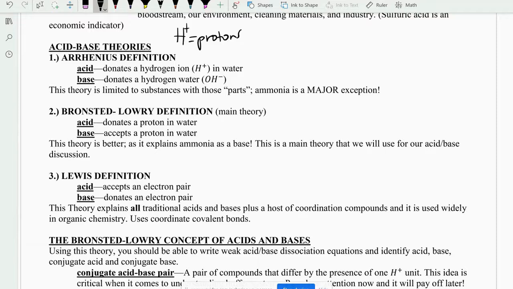Let me explain why. Take something such as ammonia, and for those of you who don't remember, ammonia is NH3. Did you know that NH3 is actually a weak base? If you look at the definition of Arrhenius, you're thinking, well, NH3 doesn't have a hydroxide to donate. Let me show you what's going on here.